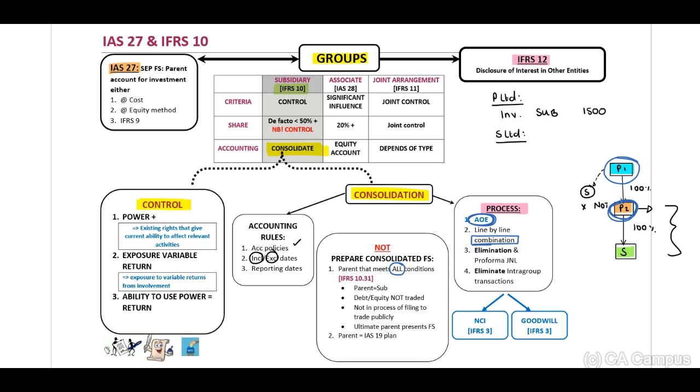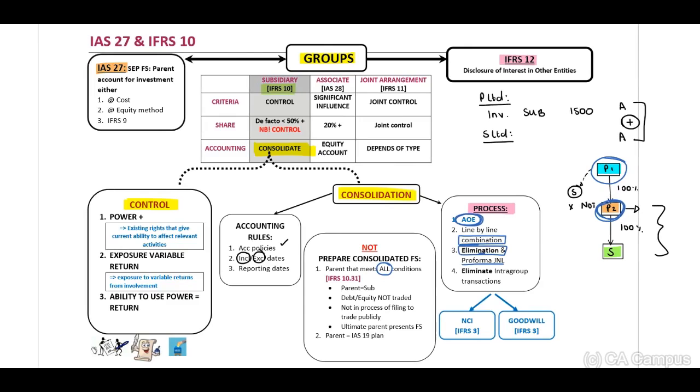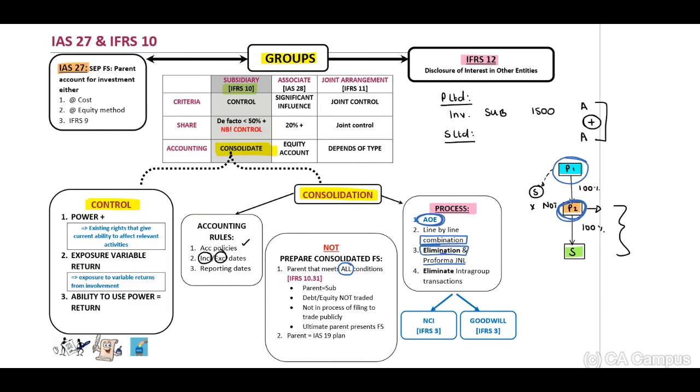Now, combination means that all of the assets of P plus all of the assets of S, we need to combine. Combination, we combine this. Then step number 3, elimination and pro forma journals. Now, look at this. If we combine P and S, do you agree with me?